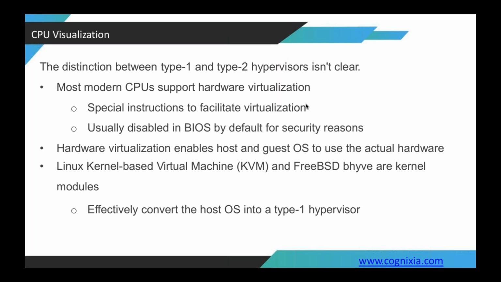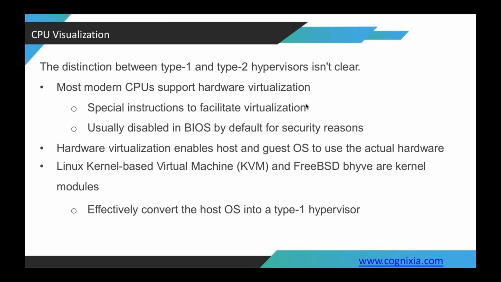But now you can enable it in the BIOS, and then your CPU will also be divided across those virtual machines, and it will provide only that much performance from the CPU cycles. You can use KVM or FreeBSD based kernel modules to enable CPU virtualization.